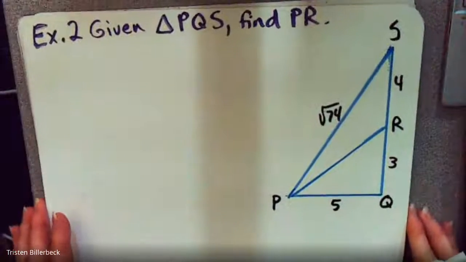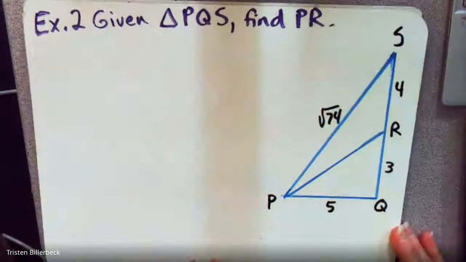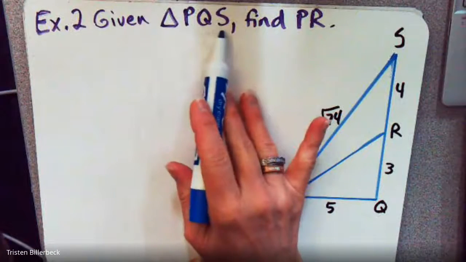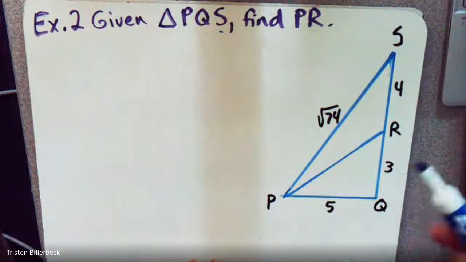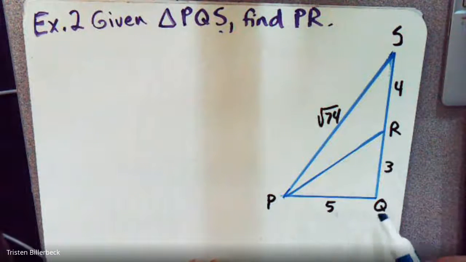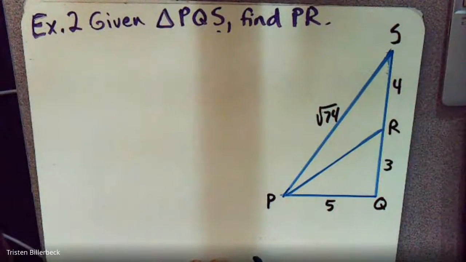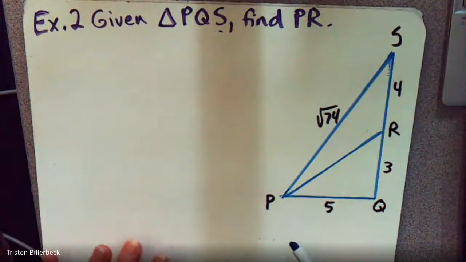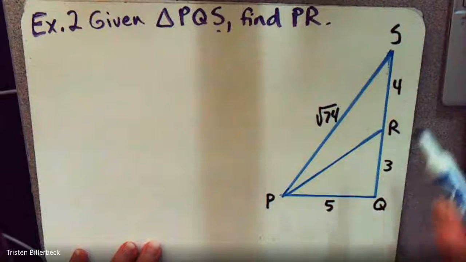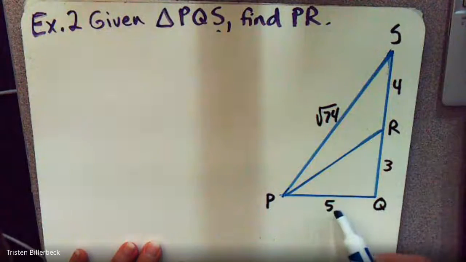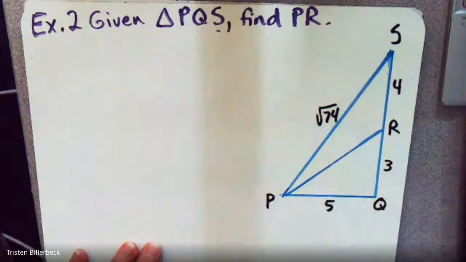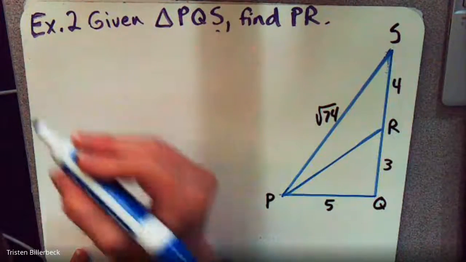All right, let's look at another problem. So if we're given triangle PQS, and we want to find PR. So PR is right here, and we're given PQS. Okay, so we don't know what we're dealing with here yet. So let's take a look at what we can find. So we have an outside line here, and we have a line here, and we have the square root of 74.